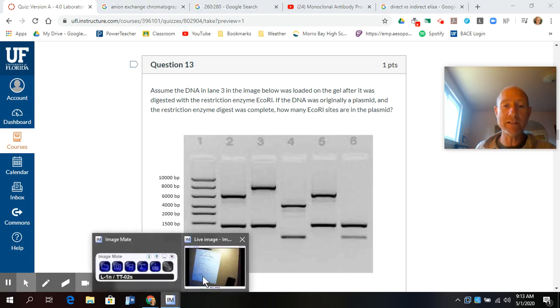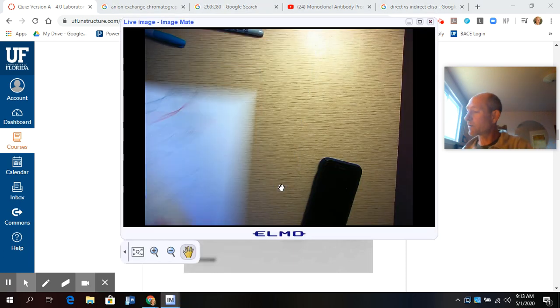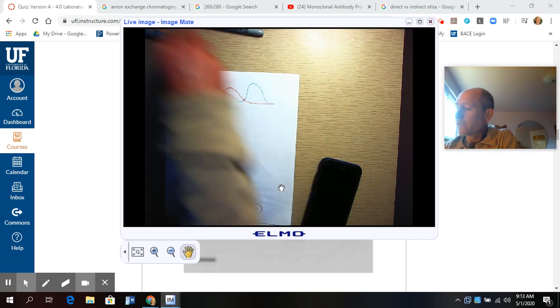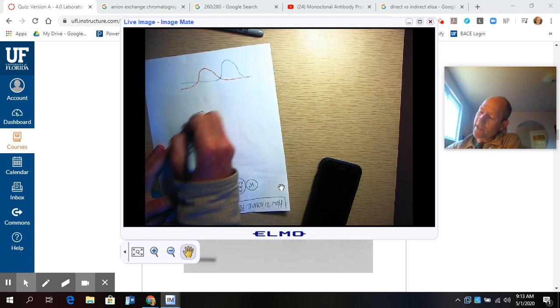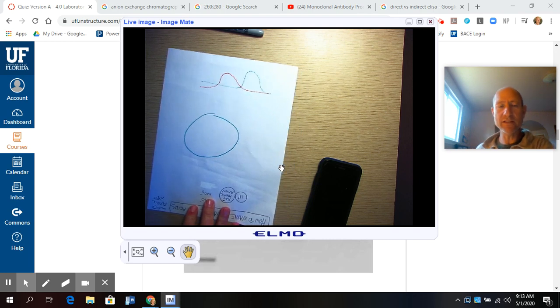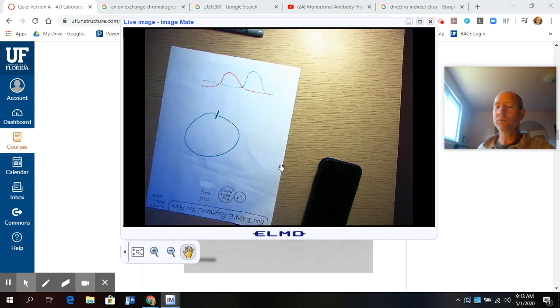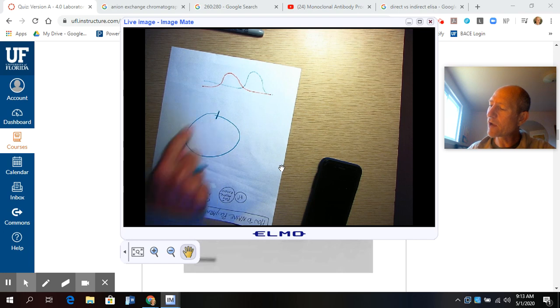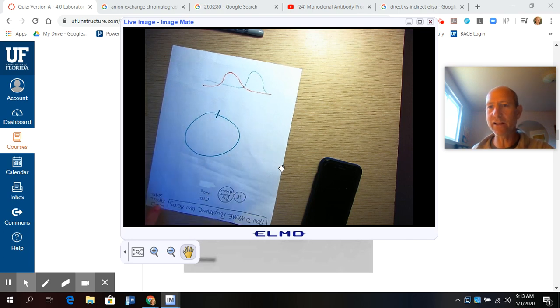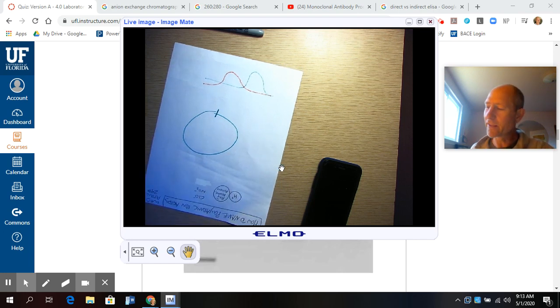So I'm going to go back to this paper to show you what we're talking about here. If we've got a plasmid like this, and there's only one recognition site, only one cut's going to get made. And then how many pieces of DNA are you going to end up with? One. That's right.